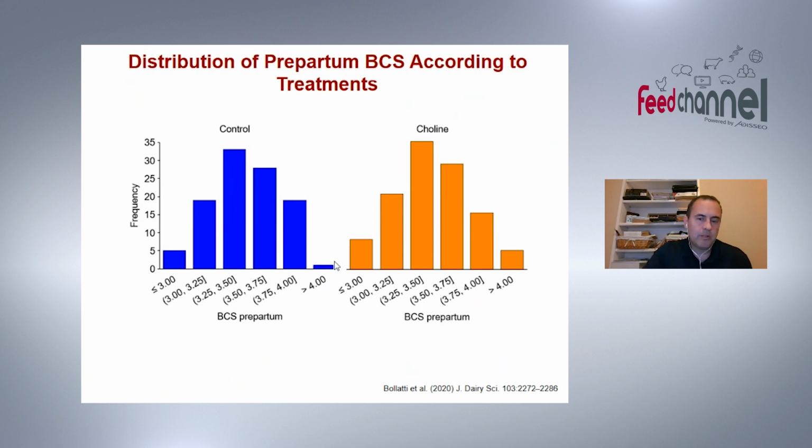So we would perhaps expect that these cows would be more likely to respond to choline because of the notion that choline has these lipotropic effects, and overconditioned cows usually are more prone to diseases that are associated with intermediary metabolism of lipids.